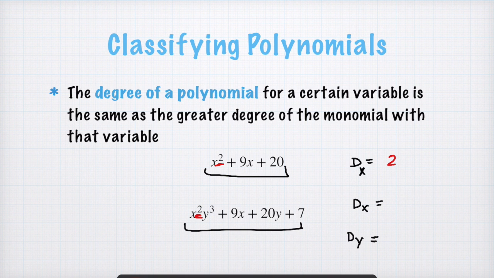So the degree in x is 2. But what about y? Well, our y has a power of 3, and there's this other y, but it has a 1. And so our degree in y is equal to 3. Hopefully that makes sense. If not, we'll talk about it a little bit more in class.